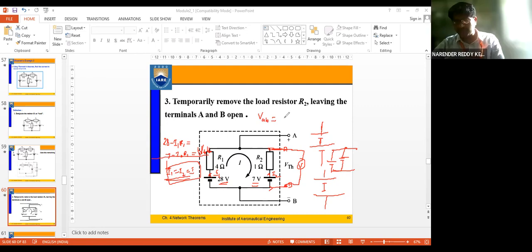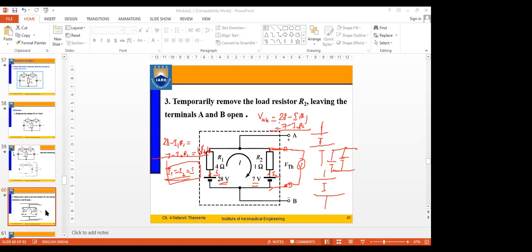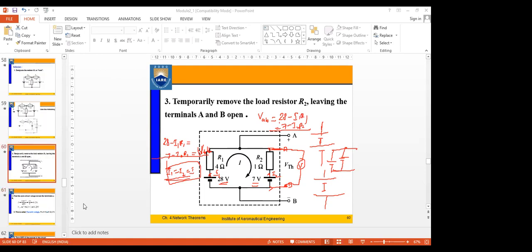VAB can be given as 28 minus I1 into R1, or it can be given as 7 minus I2 R2. That's what I said, right?